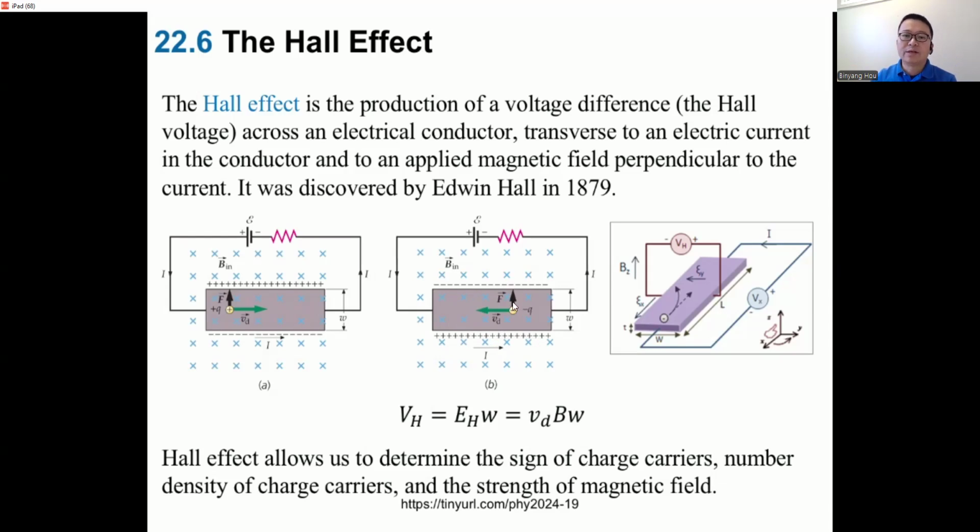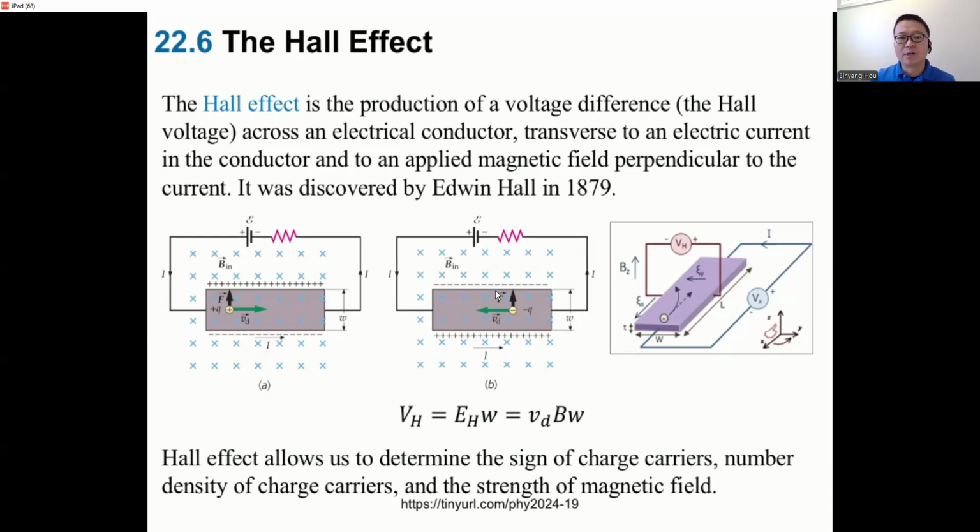So the voltage you measure is equal to the electric field across the top and bottom edges of the conductor, times the width of the conductor. And the E field will be equal to v_d times B, okay? Again, this is similar to a velocity selector, right?